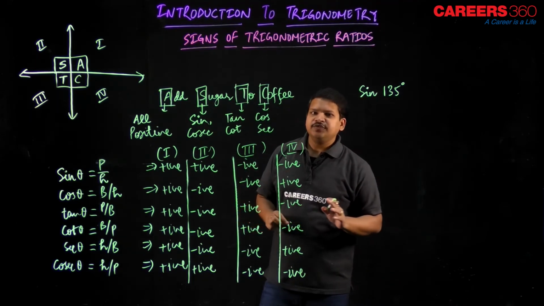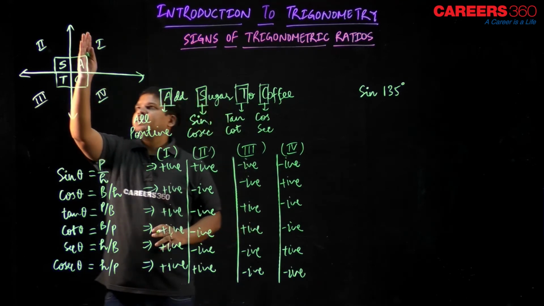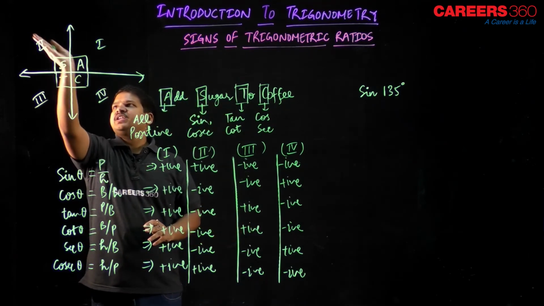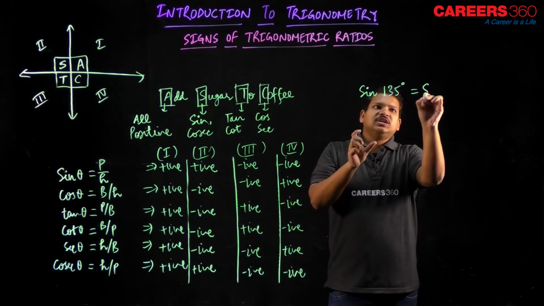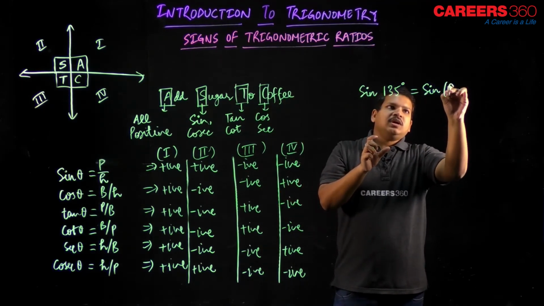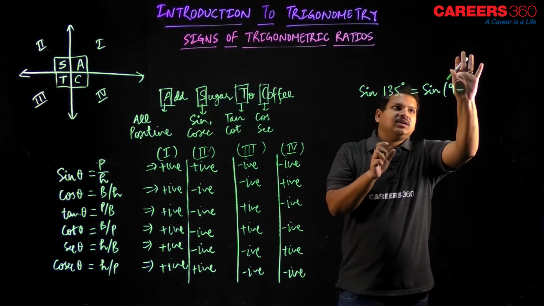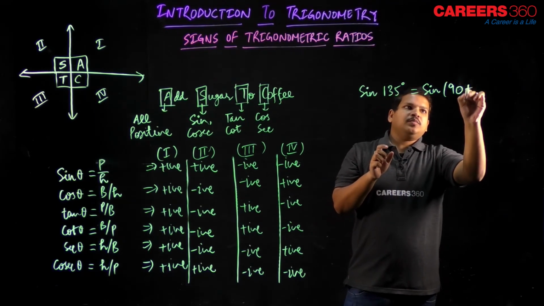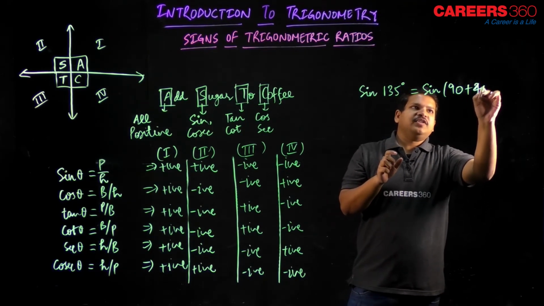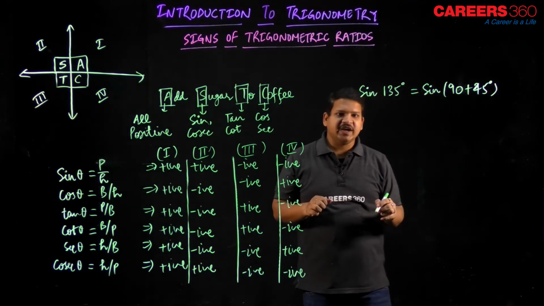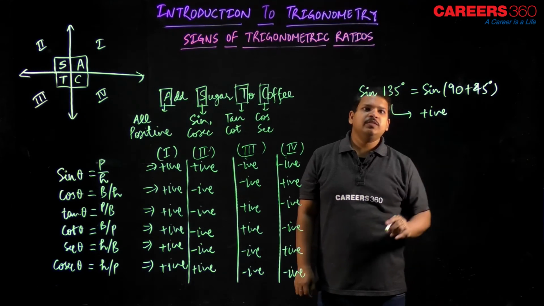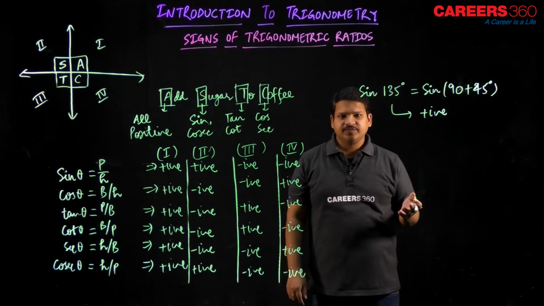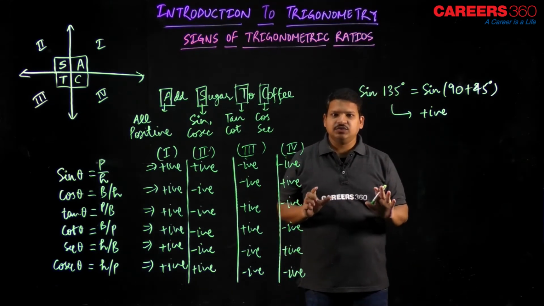As you can see, if you draw 135, this will lie somewhere in the second quadrant. This is nothing but sine of 90 plus 45. So the value of this will be positive. I hope it is making sense to you.